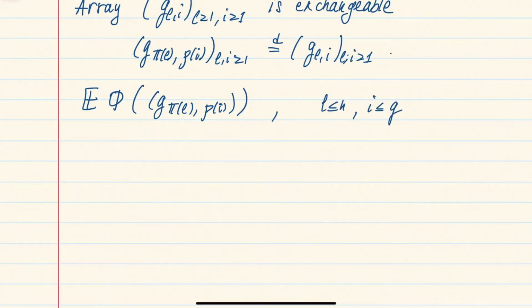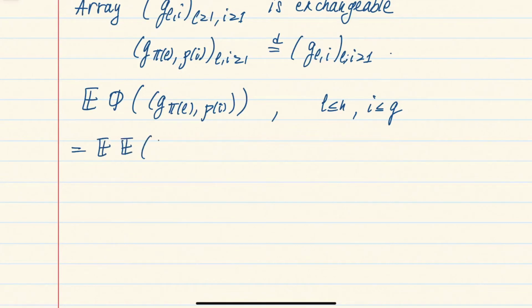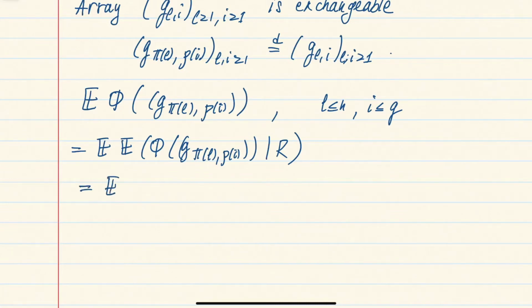Of course, it's enough to consider finitely many rows and columns, because the above statement about exchangeability is really a statement about finite dimensional distributions. And then first, of course, we write this expectation conditionally on our Gram-Definetti array. And because conditionally we defined the sequence over i to be IID, the permutation of indices i doesn't matter here. So in the conditional expectation, you can safely erase the permutation over i.